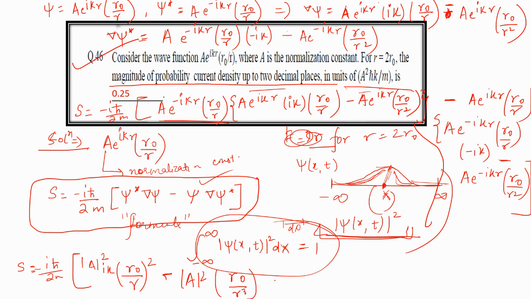Okay, the next term will be here: from here A will give A square r naught by r whole square, and minus iota k, and the other term will be, is this minus or plus? Wait, let me confirm.